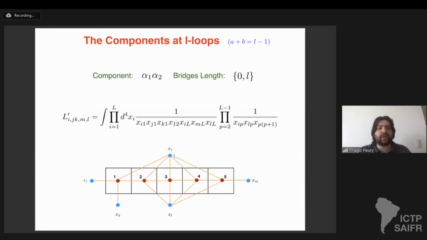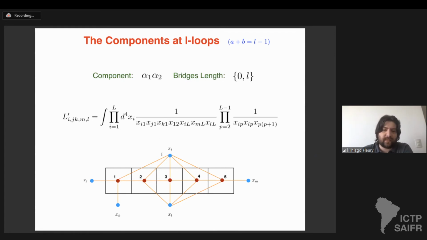And now I will make some comments at L loop. As I mentioned, for specific values of A and B, some bridge lengths, I will give you the result for one component. The general case we are still working on, but if you take the bridge length 0, L, you see that basically you are changing the integral as I mentioned. You keep the same structure, but you are changing the integral. So here you have a map between some Feynman integrals and some integrability integrand.